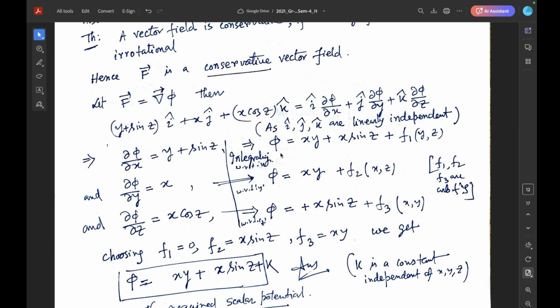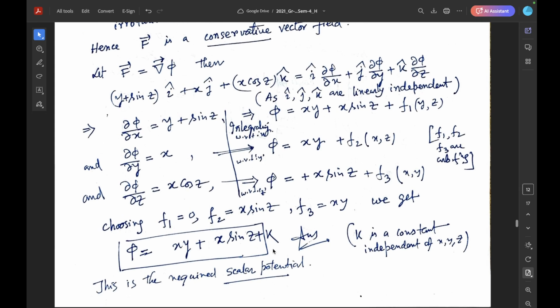For maintaining the equality, we choose f1 equal to 0, f2 equal to x sin z, and f3 equal to xy. Then we clearly get phi equals xy plus x sin z plus an arbitrary constant k. And this is the required scalar potential for the given vector field F.